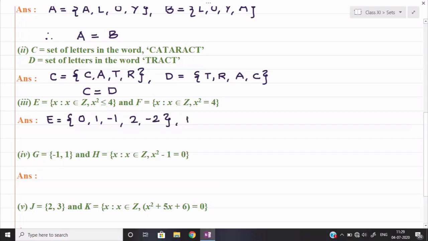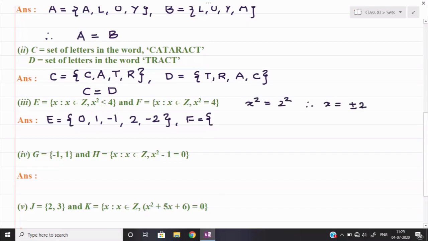Similarly, if I take the second set F, they are saying the value of x square is equal to 4. So see, x square is equal to 4. So x square is equal to 2 square and the value of x will be here, we can say, plus minus 2, right? Now the value of x is given here as an integer.